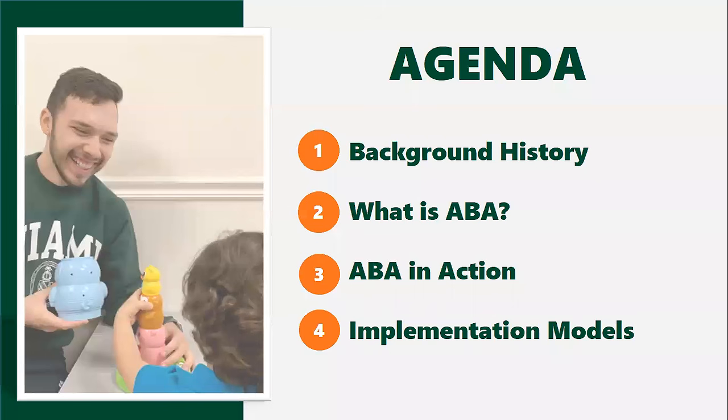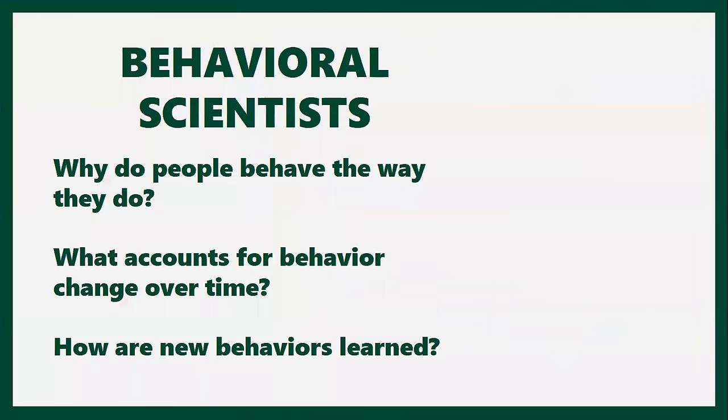So the reason I wanted to talk about the background history a little bit is because ABA is a therapeutic approach that really is very much tethered to a history of behavioral science.